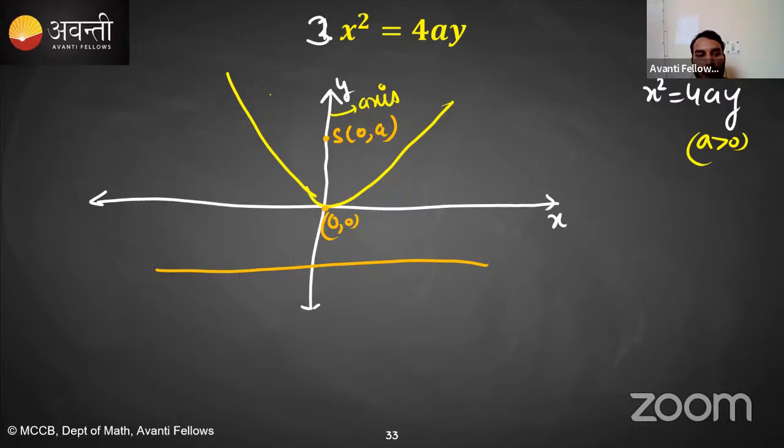So first, the directrix will be perpendicular to the y axis. Now the focus is (0, a), the vertex is (0, 0), and the vertex is the midpoint of the foot of the perpendicular of the directrix and the focus.